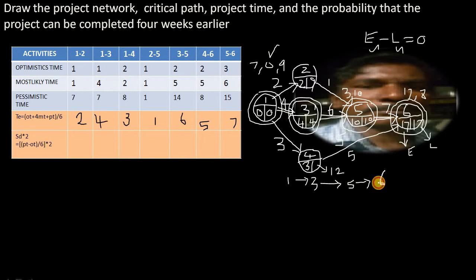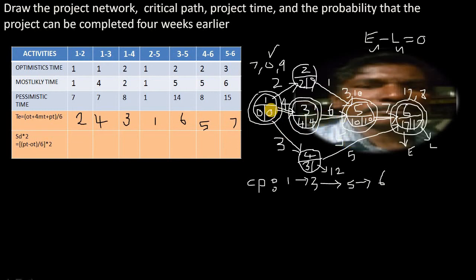So this is called the critical path, we say. We can shortly say, I am writing as critical path: critical path is a path in which the events have the difference between earliest time and latest time 0.